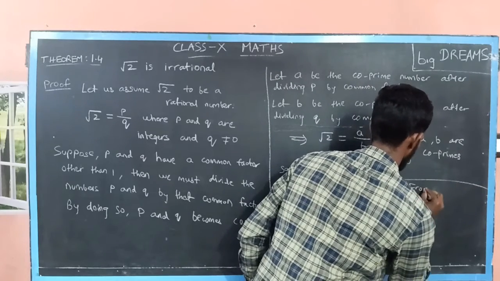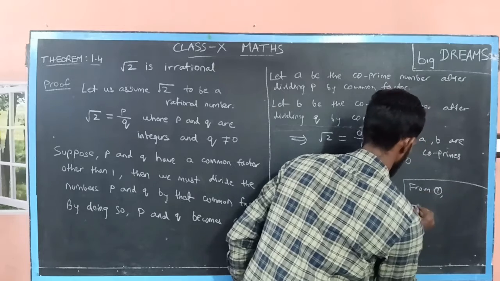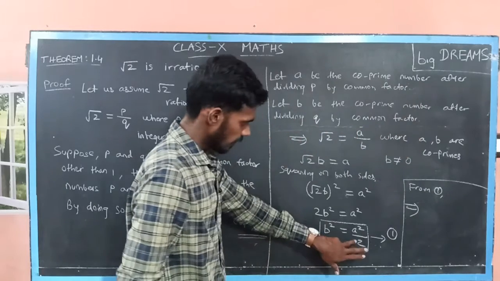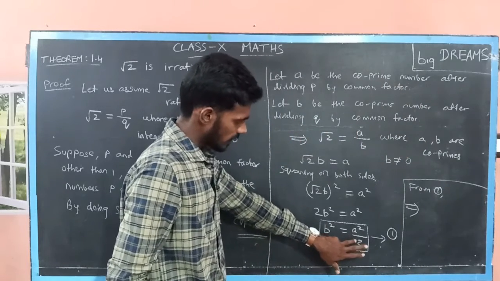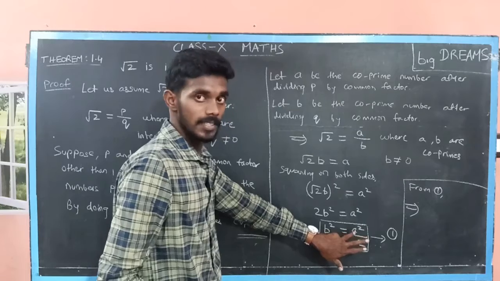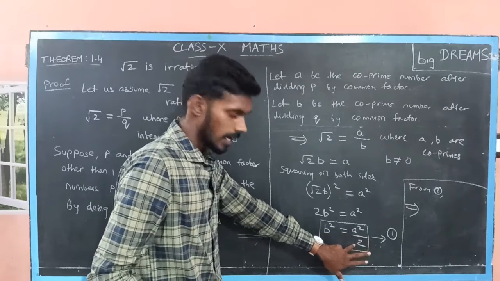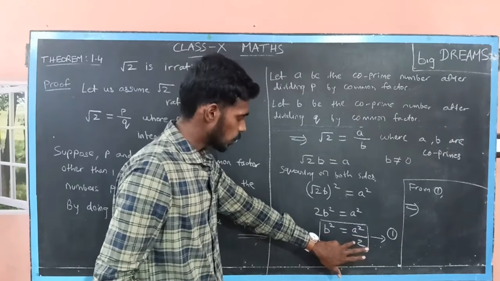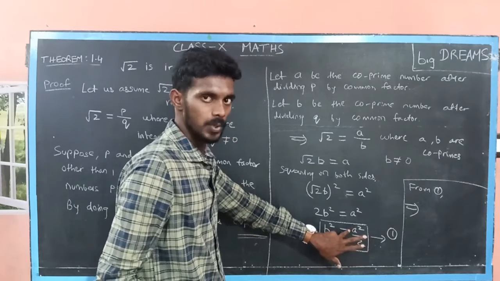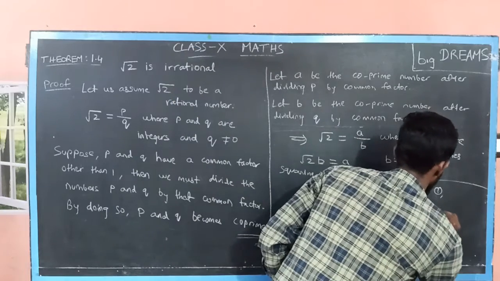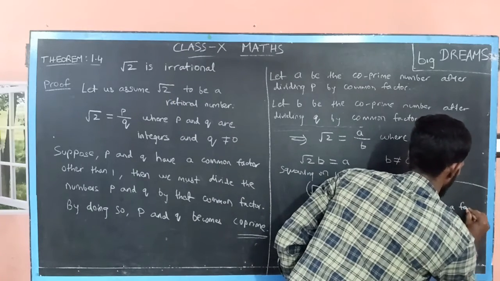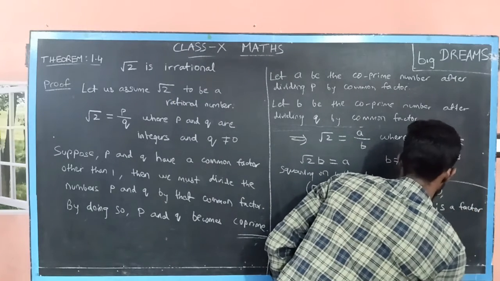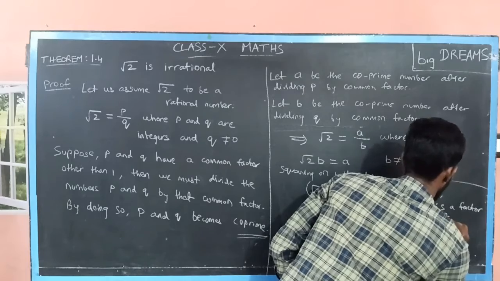From 1 I can conclude 2 is a factor of a square, that is, a square is divided by 2, so it means that 2 is a factor of a square.